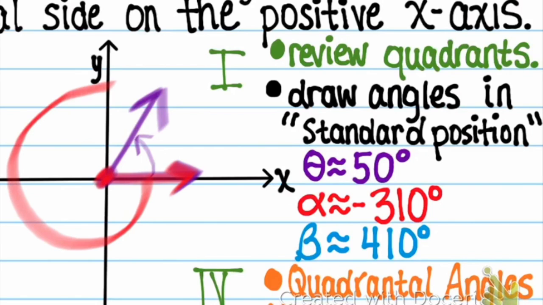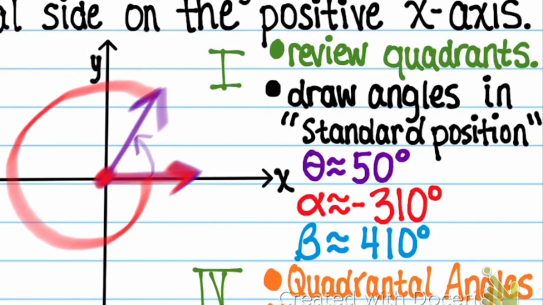It's a good idea to figure out how many more degrees past where I am right now do I need to travel in order to reach negative 310 degrees. Since 310 minus 270 is 40, that means I need to travel 40 more degrees in order to reach the terminal side.